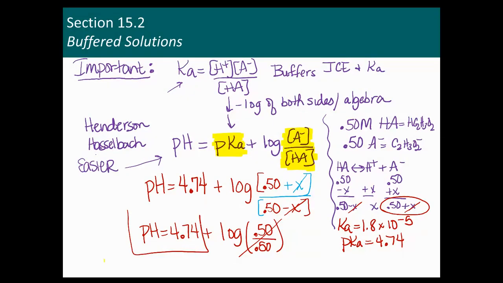So pH equals pKa. Okay, now what I'm hoping that you do is that when you see a buffer problem like this with the concentration of weak acid and its conjugate, you simply plug those into Henderson-Hasselbalch, and then you're done. It makes it super easy.